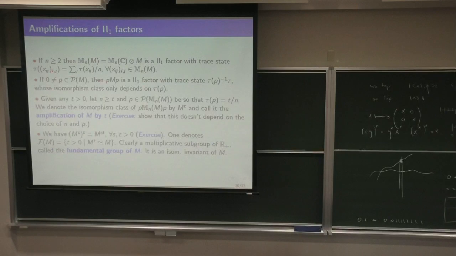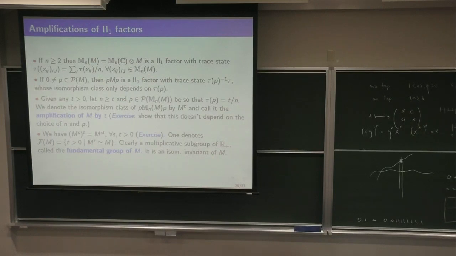Since we always denote by tau the trace here, I'm talking about the trace on M, but here is the trace on this new algebra, and that's the definition. You sum up the elements of the diagonal of this matrix, the xij, and you divide by n, of course.